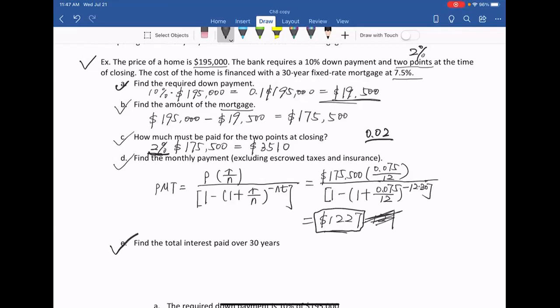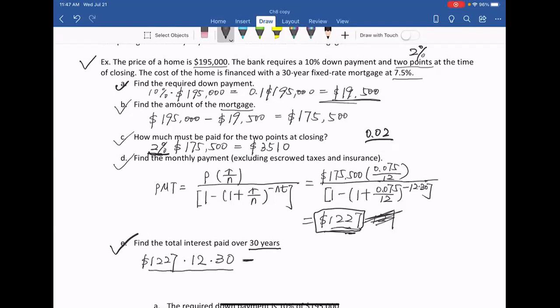Next question, find the total interest paid over 30 years. Every month you need to pay $1,227. So you use 1,227 times, this is 1 month, you need to pay 12 months a year, and then times 30 years. This is the total you must pay to the bank or the institution.